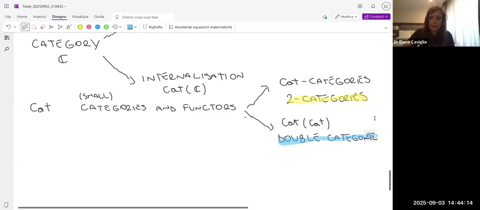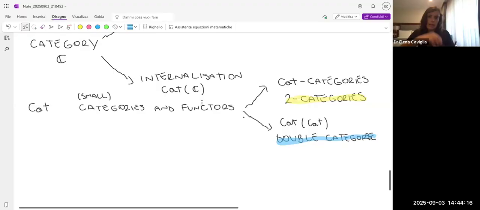Okay, and now in the framework of two-dimensional categories, we also have bicategories. And bicategories are simply two categories, but a little bit weaker, okay?